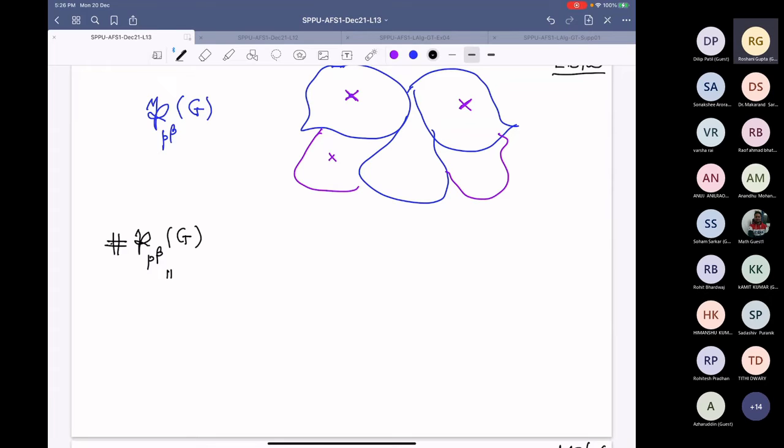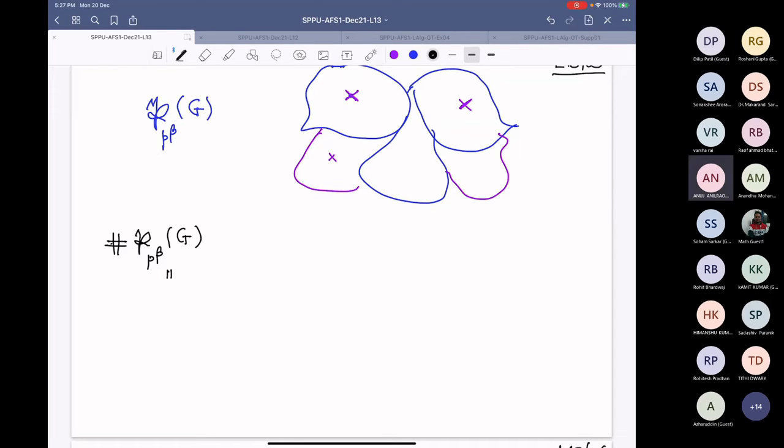So it's 2 raised to p power alpha times q. That's not the cardinality; that is the power set of the whole G. I am asking about part of that. Sir, p raised to beta. Very good.